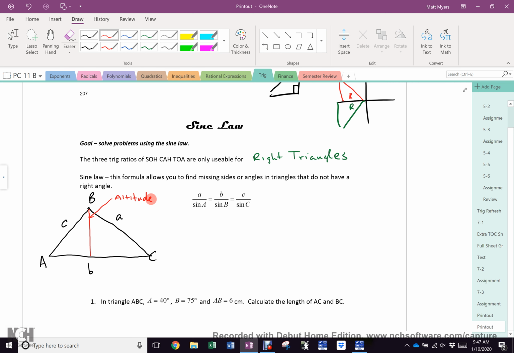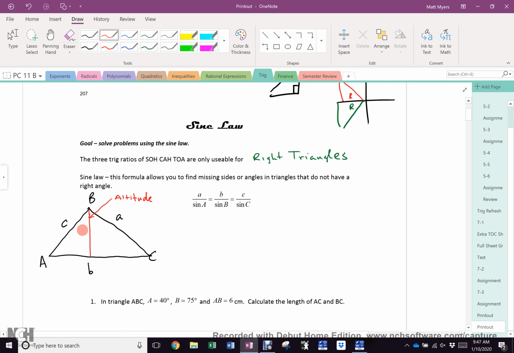Now, need it be a triangle? Like, what if I gave you this shape? A trapezoid. And I drew this line straight there. Is that an altitude still? Yes, because it went to the opposite side. Everybody cool? But of course, we're dealing with triangles, so we're going to speak in terms of triangles, yes?